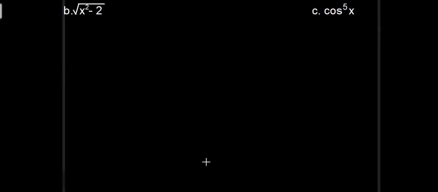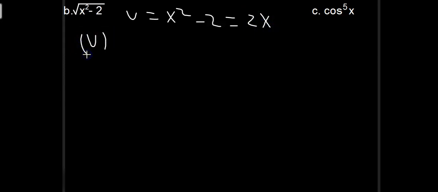For the second one, we use the same procedure. I'm going to say u equals x squared minus 2. The derivative of this whole thing will be 2x, and I'm going to use this later. This one will be u to the 1 over 2, the square root.